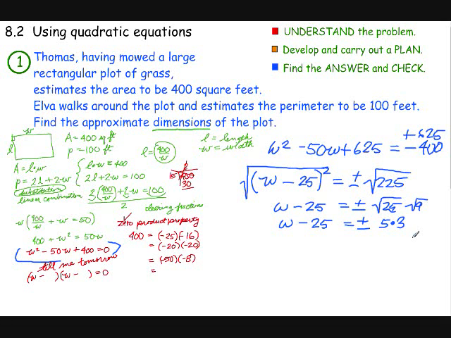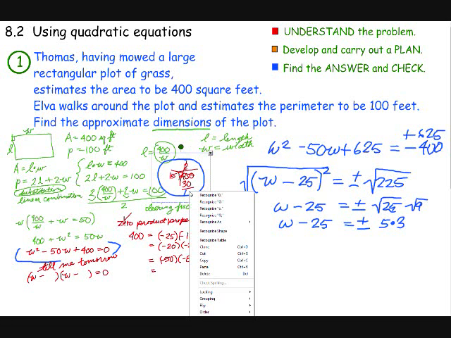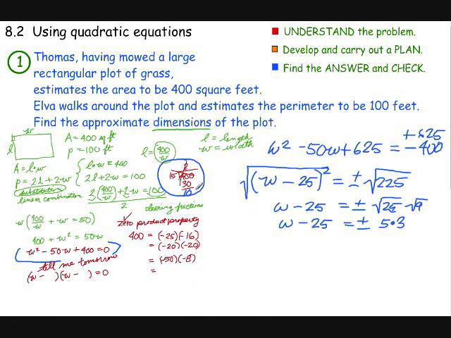So 15 did go in evenly? Oh! It did! I made a mistake back here. No, I didn't. $15 doesn't go into 100 evenly.